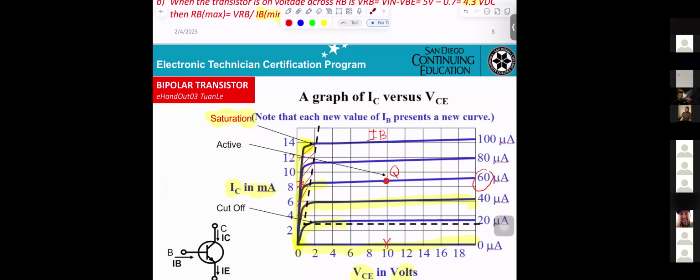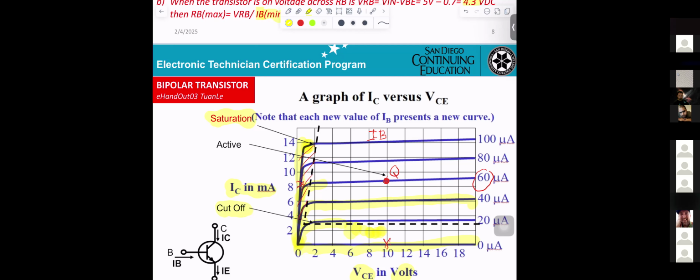Another one will be cutoff. That means if you get any point down here, the transistor will be cut off. So if you are a designer and you want the transistor to be switching on and off, then it can be in saturation or cutoff.